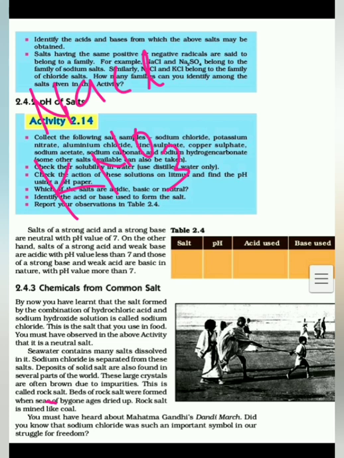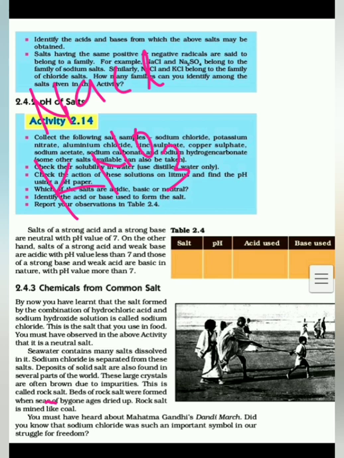Aluminum chloride, zinc sulfate and copper sulfate are acidic salts having pH less than 7, and sodium carbonate, sodium acetate and sodium hydrogen carbonate are basic salts having pH more than 7.